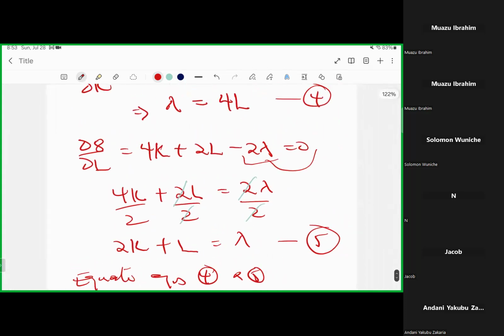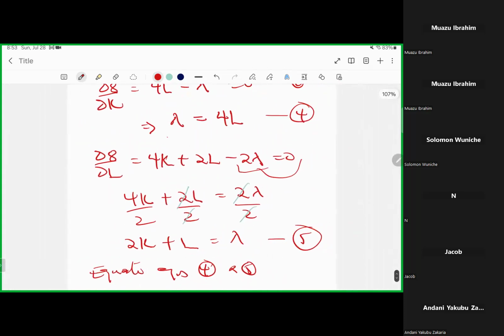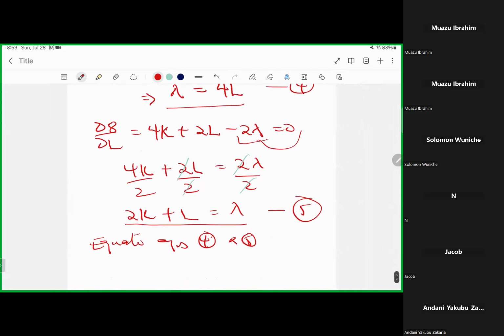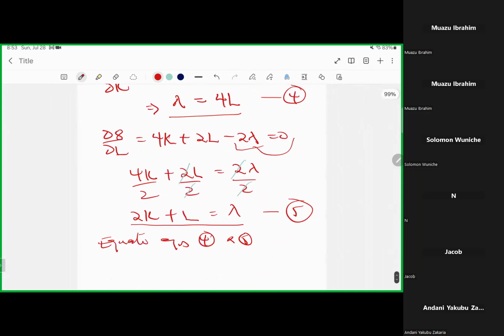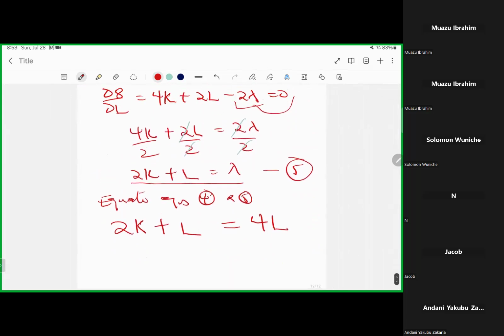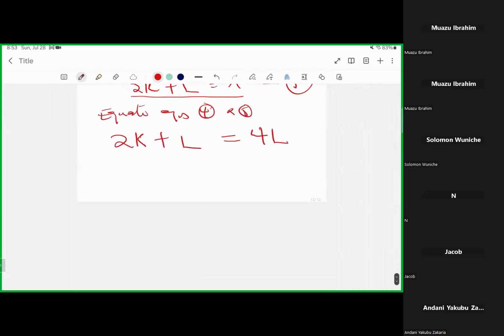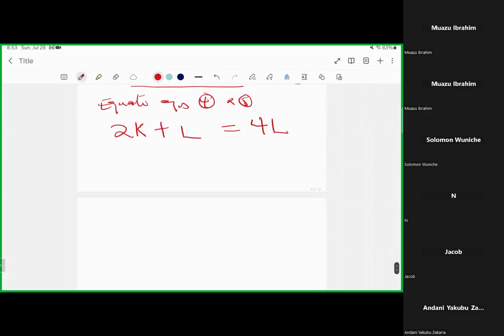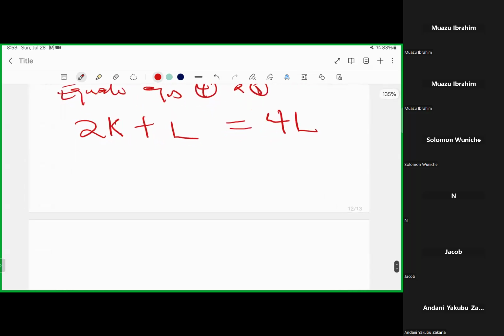We have equation 4 here and equation 5 here, which means we are going to have 2K plus L is equal to 4L.